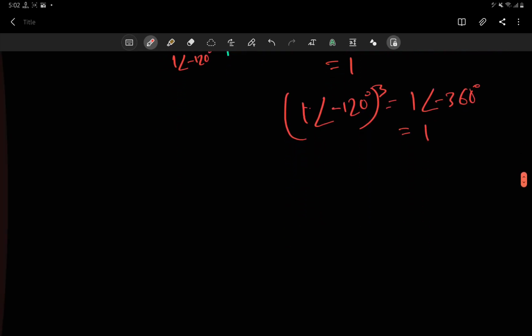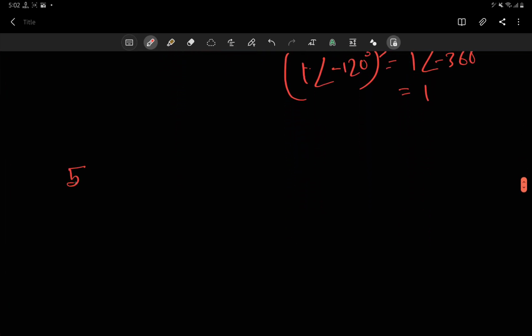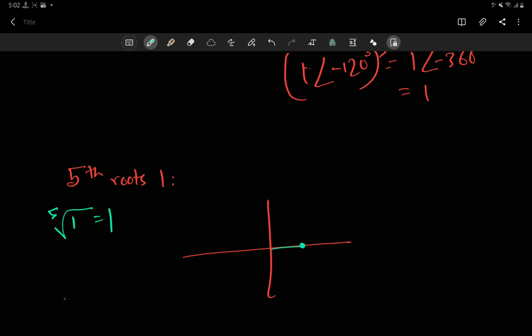Now if I ask you what are the 5th roots of 1, there will be 5 roots, and they are very simple. The first one will be 1, because obviously the fifth root of 1 is equal to 1. But this 360 degrees is divided into 5 spaces, right?